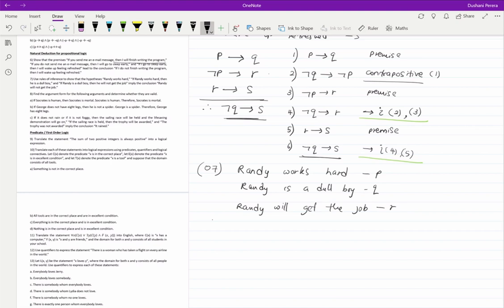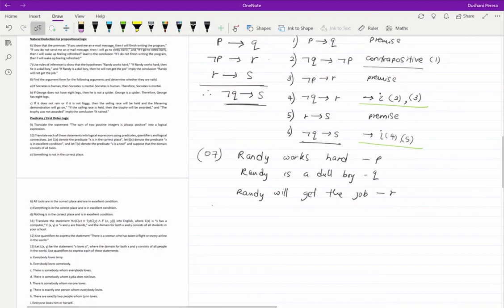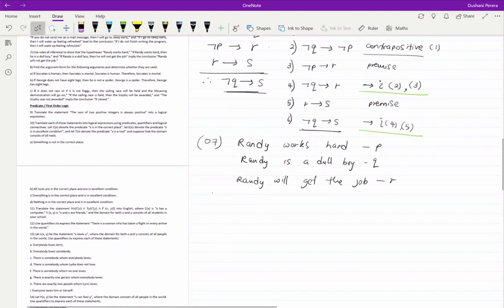So usually when we write premises, what we try to do as much as possible is come up with the positive version of the premise without going on with the negative version of it. So it's always good to use the positive version. Alright, now let's come up with our formulas.